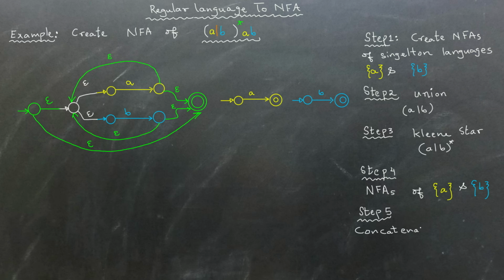We now have three different NFAs which we have to concatenate to get our final NFA. To that end, we combine these NFAs using epsilon transitions and make sure that intermediate states are not marked as final states.